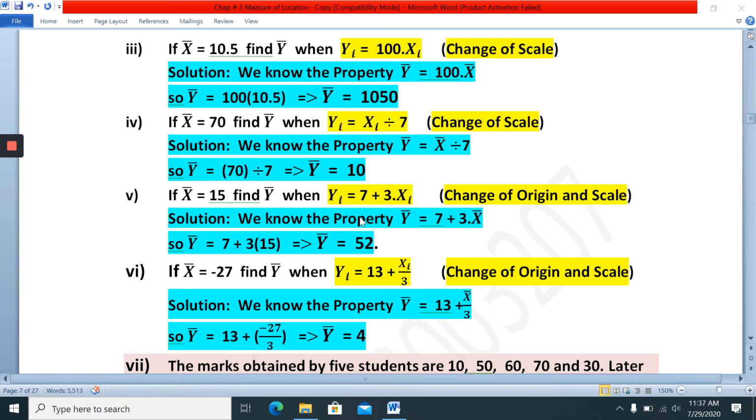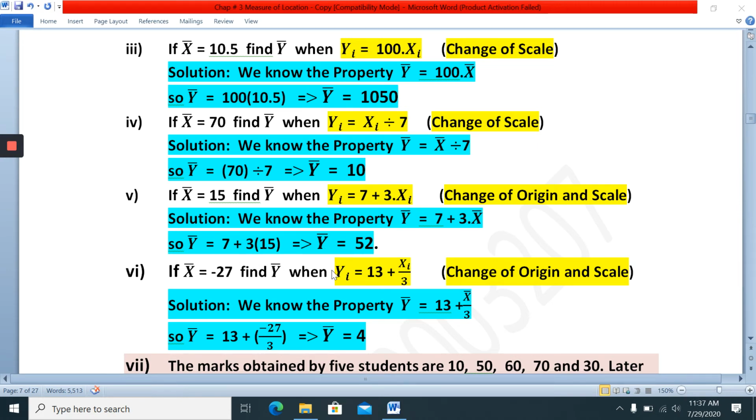We know the property. Y bar equals 7 plus 3 times x bar. Just replace the value of x bar and we will get the y bar answer. So y bar is equal to 7 plus 3 times inside the bracket x bar answer, which is 15. So 15 times 3 is 45, 45 plus 7 is 52.